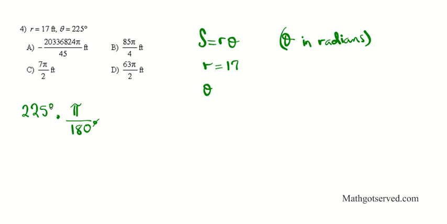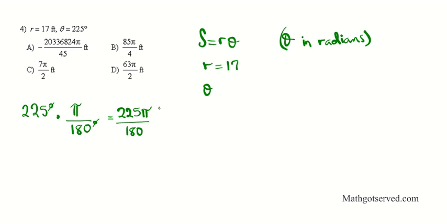So the degrees cancel out. Multiplying across, we're going to have 225 pi over 180. And then we're going to divide top and bottom by, let's see, we can reduce it by 45. So we can divide top and bottom by 45.